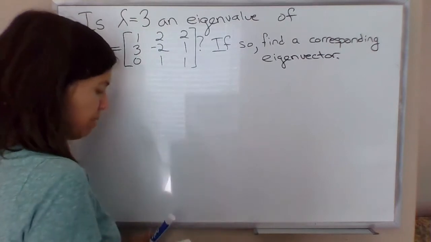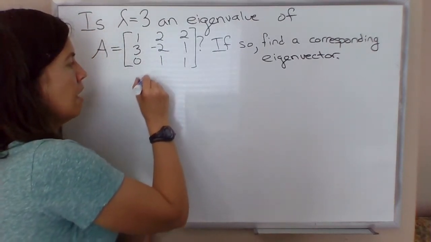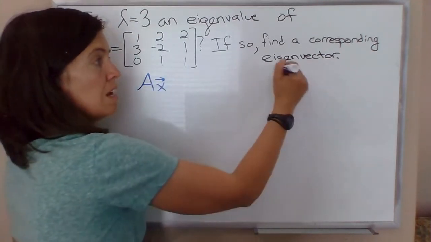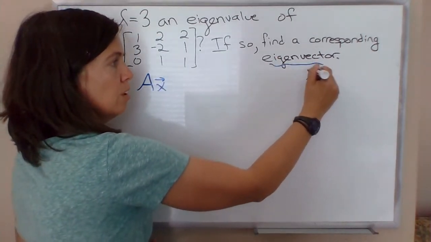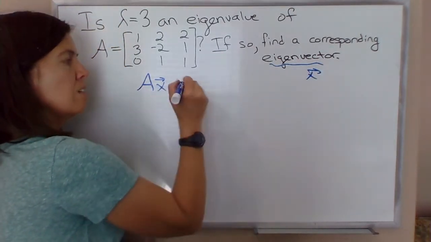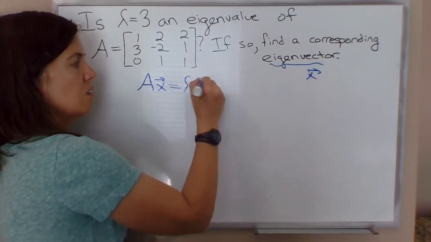What does it mean for lambda to be an eigenvalue? Well, that would mean that there is some vector x, the eigenvector, where the matrix A times x is equal to this multiple lambda times x.